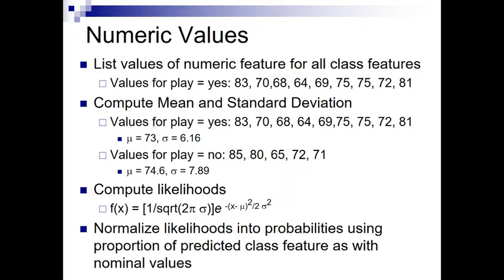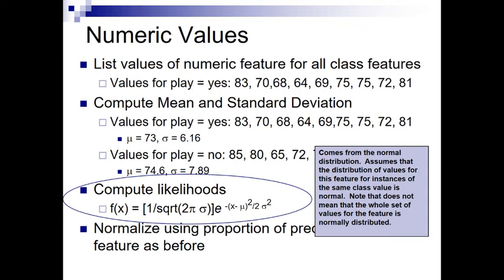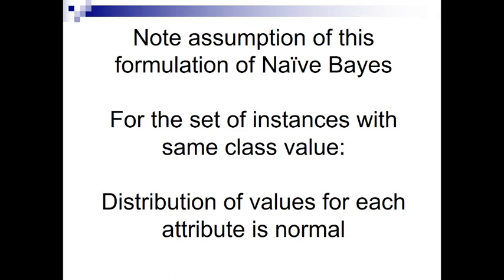Once you have the means and standard deviations, if you have a temperature value, you can use the formula you see under compute likelihoods to compute a conditional probability for each possible outcome, and then you can take that conditional probability, plug it into our naive Bayes formula, and you get the likelihood for each class value, which you then normalize to get the probabilities. So once you can do this computation of the conditional probability from the number, you do everything the same.